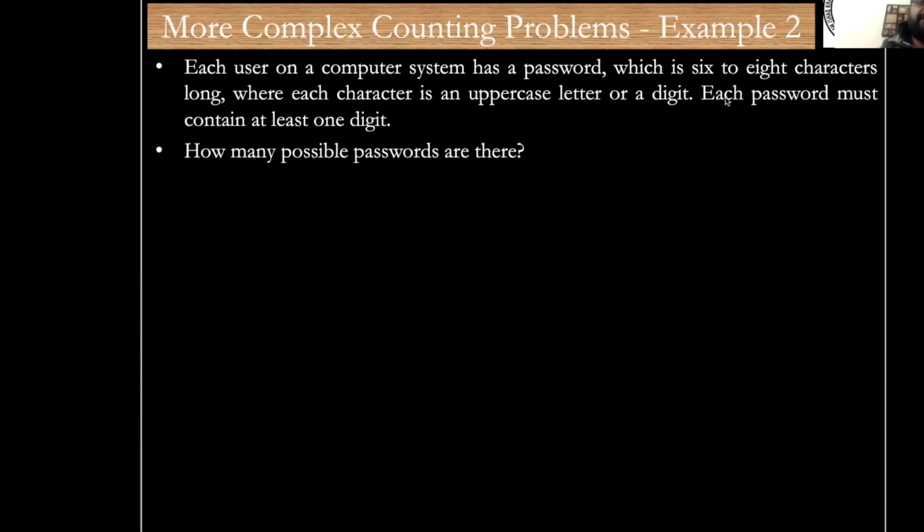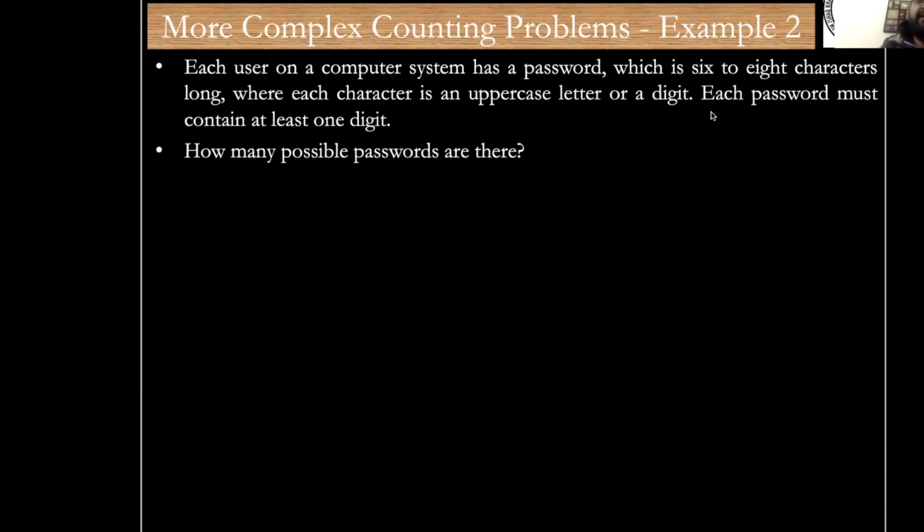Since there is no other limit yet, P6 is basically 36 raised to the power 6, because you have 36 options for each of the 6 places. So P is 36 to the power 6 plus 36 to the power 7 plus 36 to the power 8. This gives you the value for P.